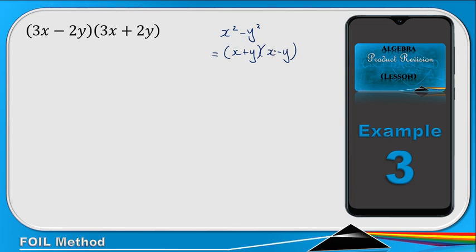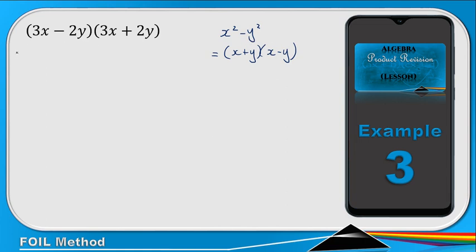We are going to revise this in some of the upcoming lessons, but this was done in grade 9. Now, if you can recognize that, can you see that this one has got 3x minus 2y and 3x plus 2y? So this is actually in the form of the factorized version of difference of squares.